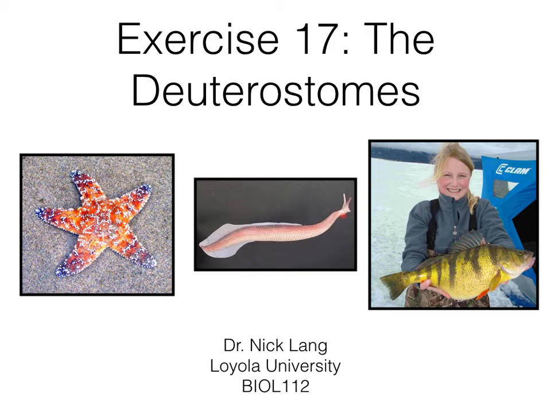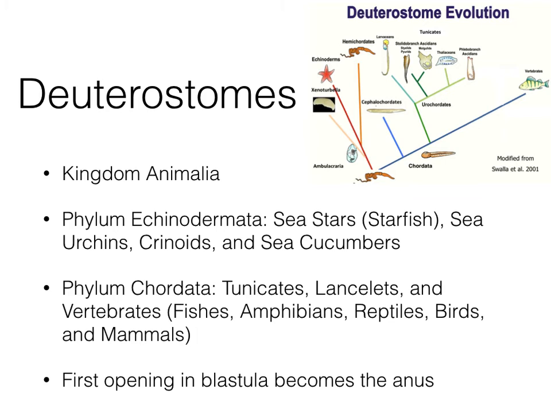Exercise 17 is about the deuterostomes. Like everything we've looked at so far this semester, deuterostomes are members of the kingdom Animalia. There are two phyla that we are going to be examining, the Echinodermata and the Chordata.